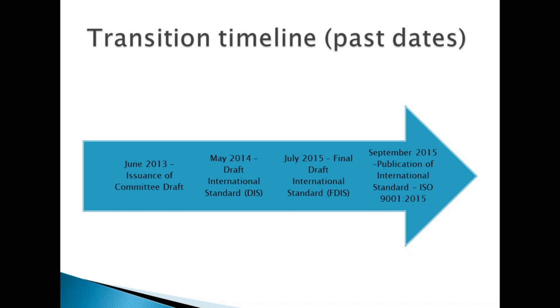The first document that was made available for public consumption, and was intended to give a sense of what this new standard was going to be all about, was in May of 2014 when we saw the draft international standard, or DIS, published.